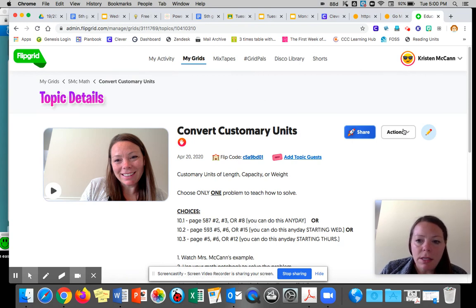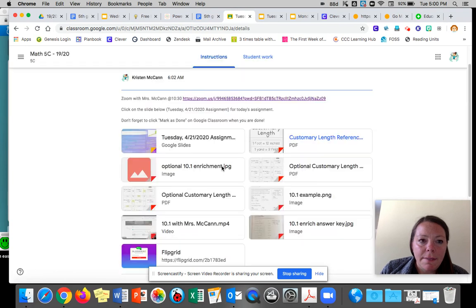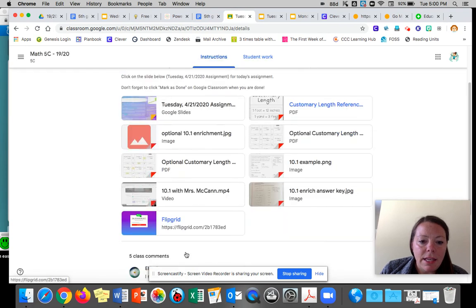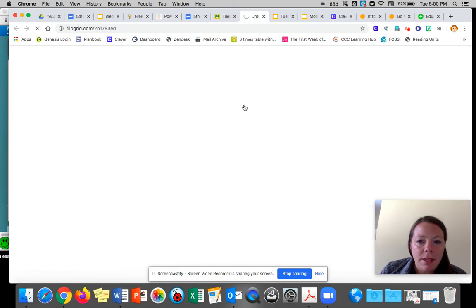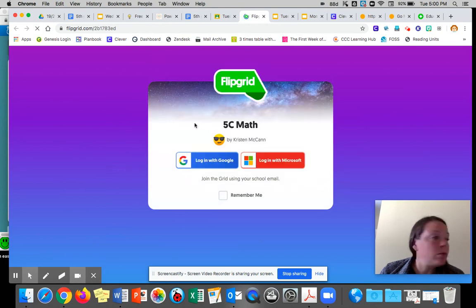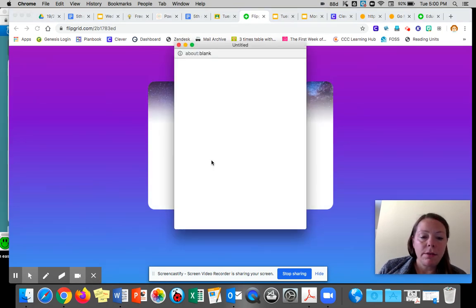Once I approve it, it will become active and you'll be able to see it on your end. Let me see if I can go in a student view real quick, because I was in the teacher view. It's taking a couple minutes to go.